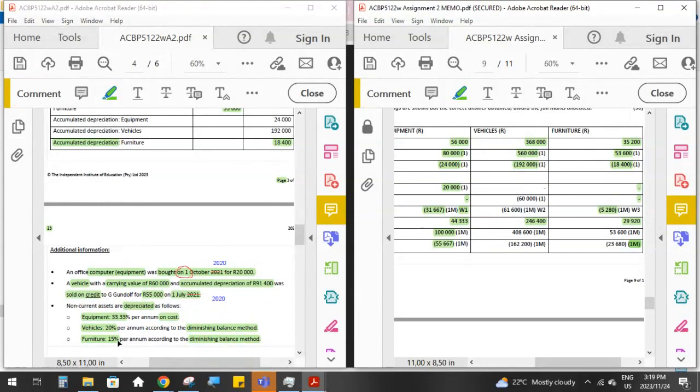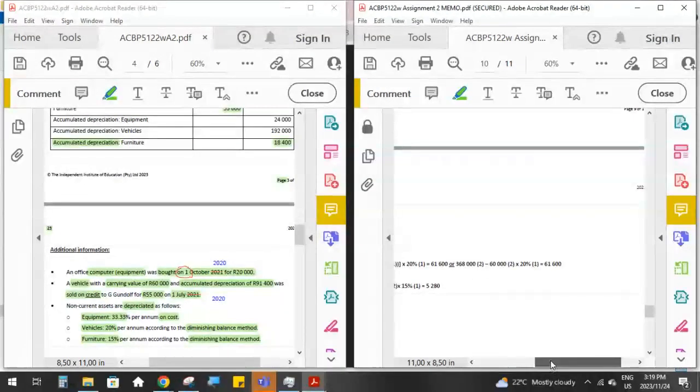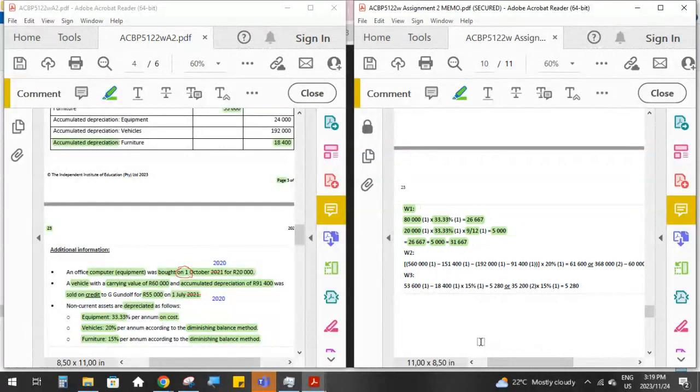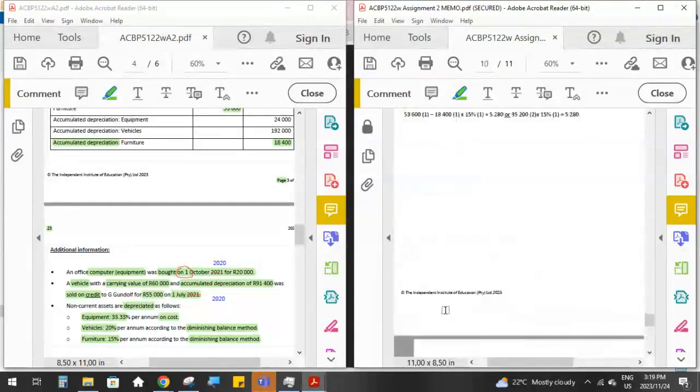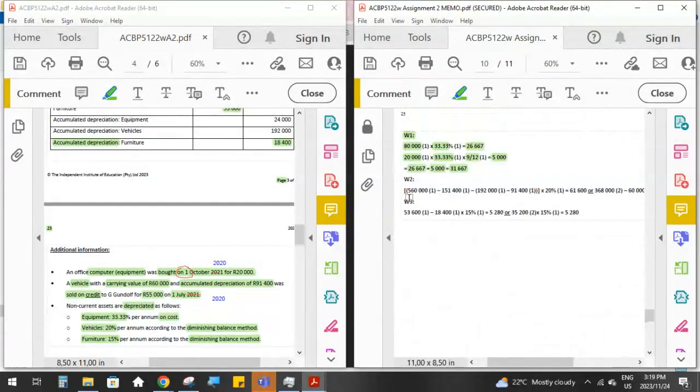Diminishing balance says I must take 15% multiplied by the carrying value. So what was my carrying value for my furniture? 35,200. Workings 3, let's go and have a look at our workings 3. Sorry, that's the cost of the furniture minus the ACDEP, opening cost minus the opening accumulated depreciation.